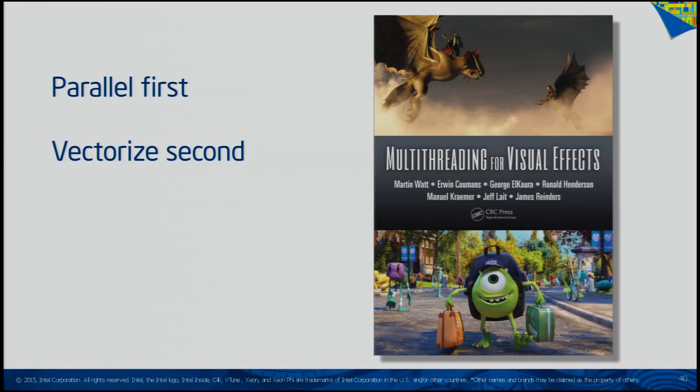And I would always say parallelize your program first. In fact, I worked with some folks down in Hollywood, DreamWorks Animation, Pixar, and I had some co-authors. We taught a tutorial at SIGGRAPH a few years ago, and then we published a book based on it.